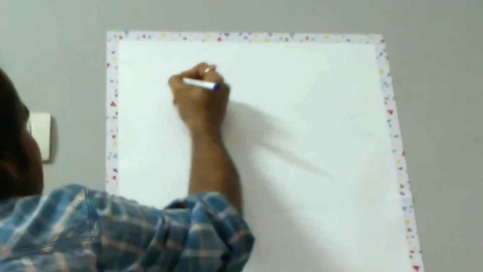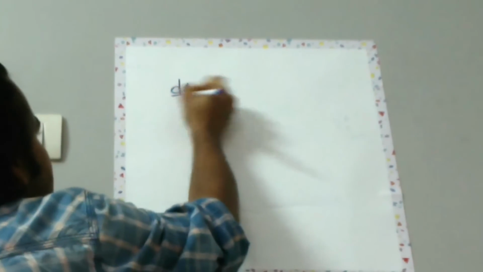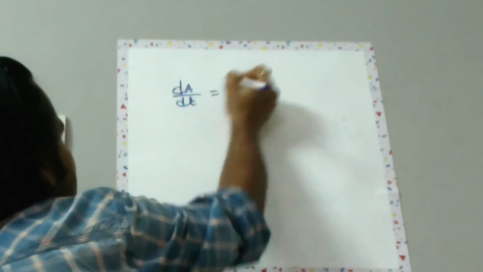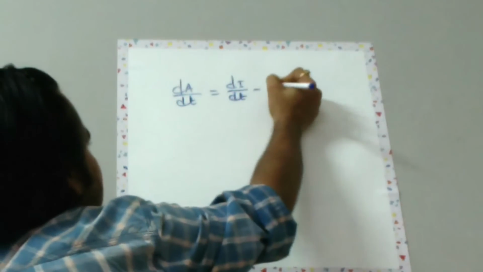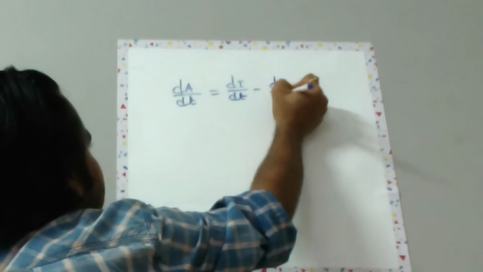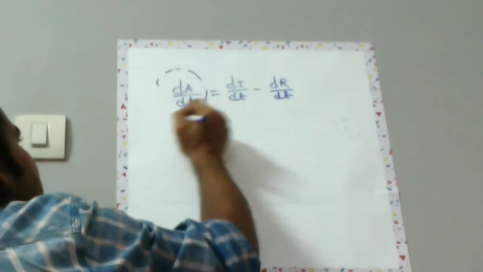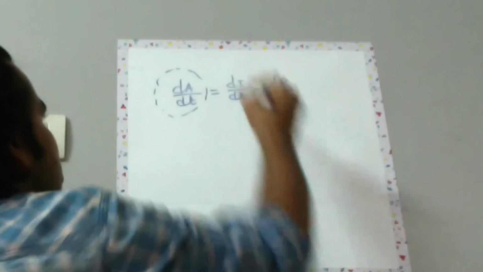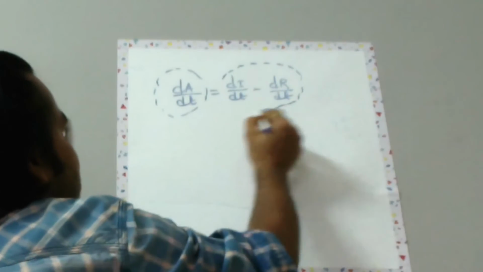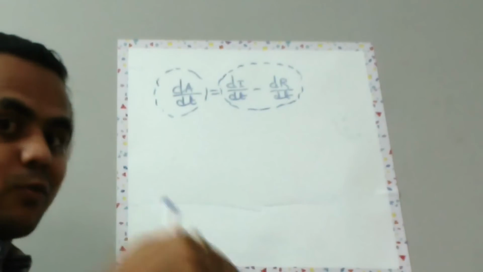Now, dA/dt is equal to dI/dt minus dR/dt. Now this guy over here needs to fall. So this guy over here needs to fall.